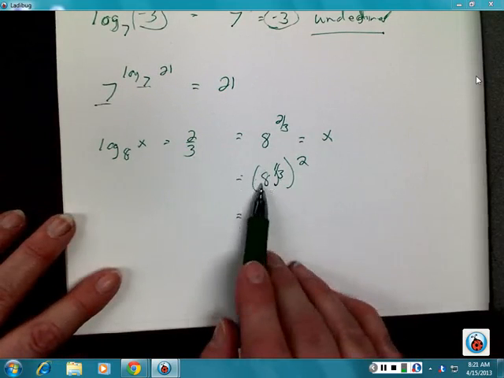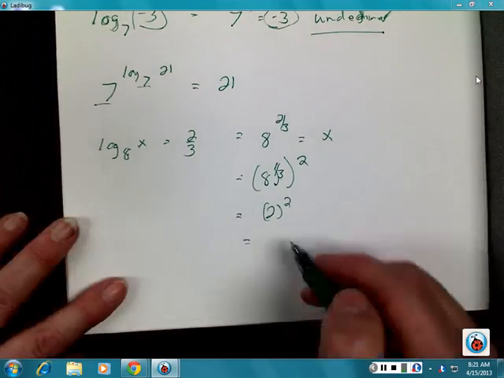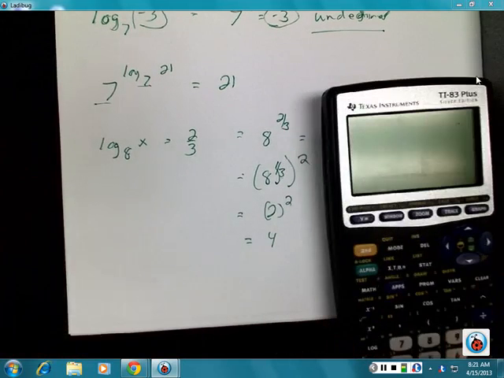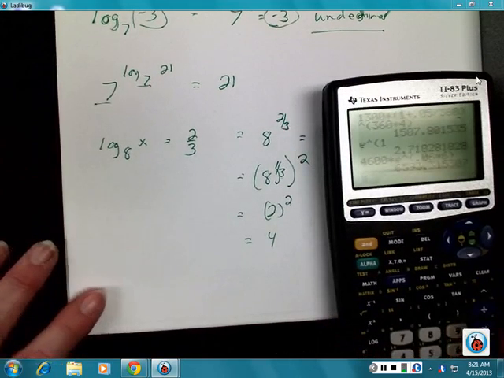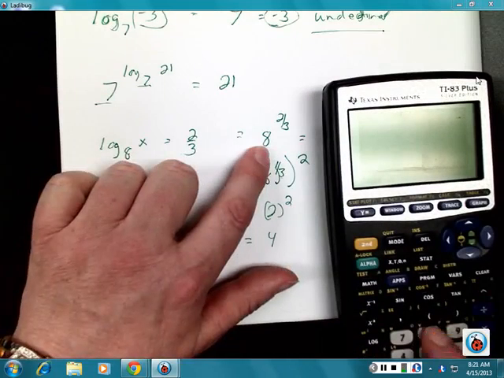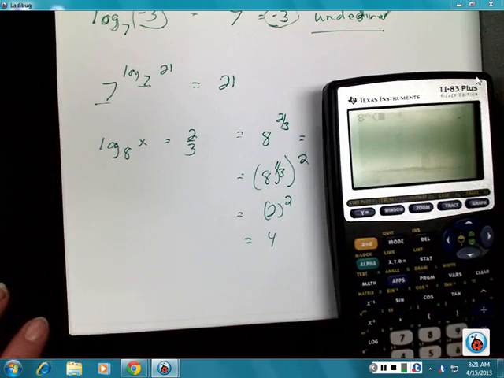Cube root of 8 is 2. 2 squared is 4. But if I also grab my handy dandy calculator, clear out what I've got in there, and take 8 caret, put my parentheses 2 divided by 3, parenthesis, hit enter, I still get the exact same answer of 4.